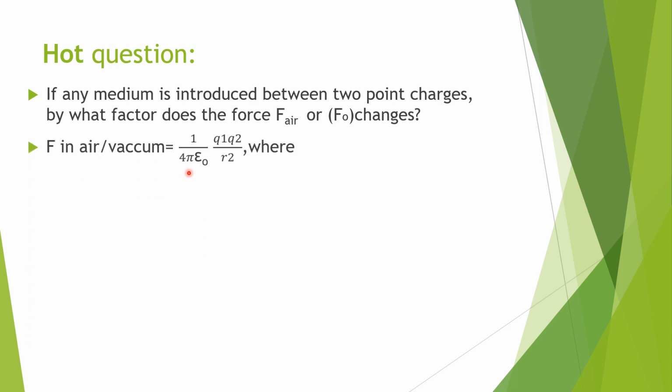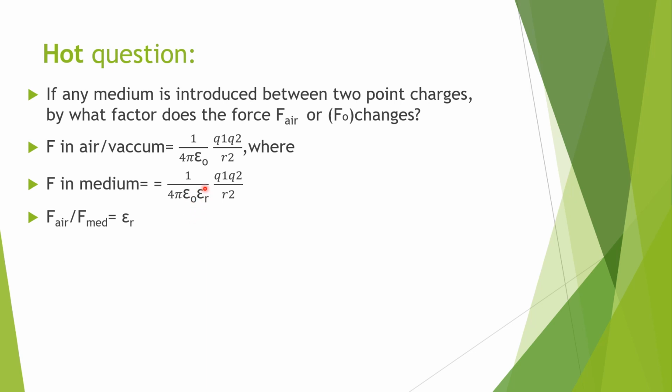So this is the first equation, force in air, by Coulomb's law: 1 by 4 pi epsilon naught Q1 Q2 by R square. Second equation, F in medium: 1 by 4 pi epsilon naught epsilon R Q1 Q2 by R square. We get a relation between these two by dividing the two equations: F air by F medium is equal to epsilon R. Both equations are similar, only one epsilon R comes extra in the second equation.